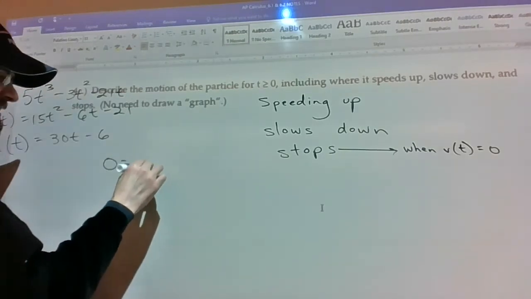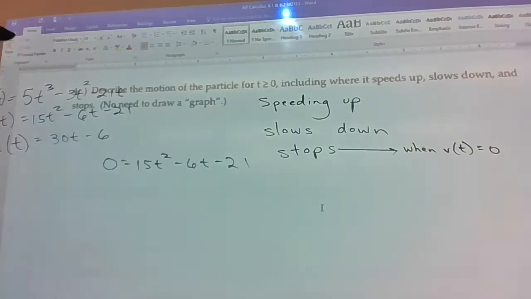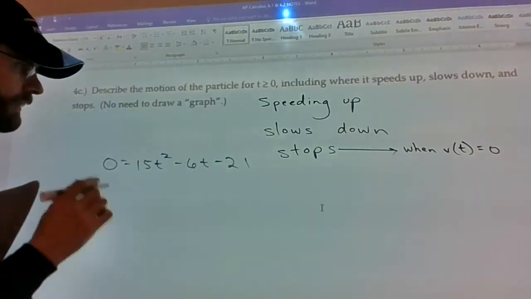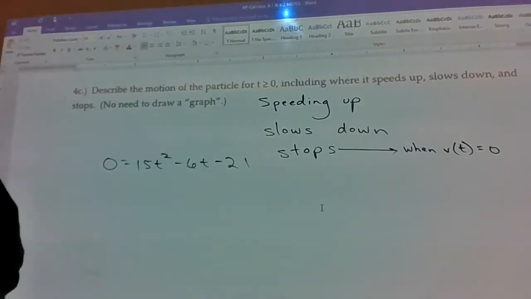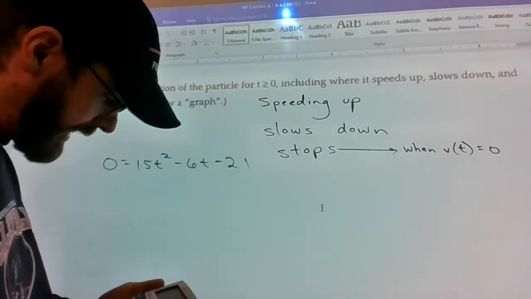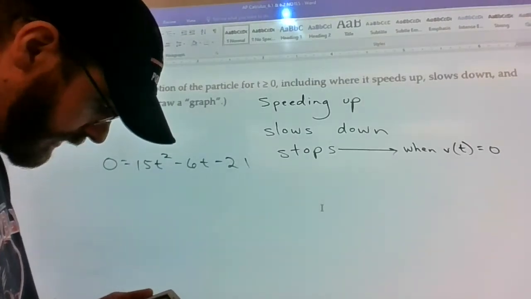0 equals 15t squared minus 6t minus 21. I'm just going to plug it into the quadratic formula my nifty calculator has: 15, negative 6, and negative 21.